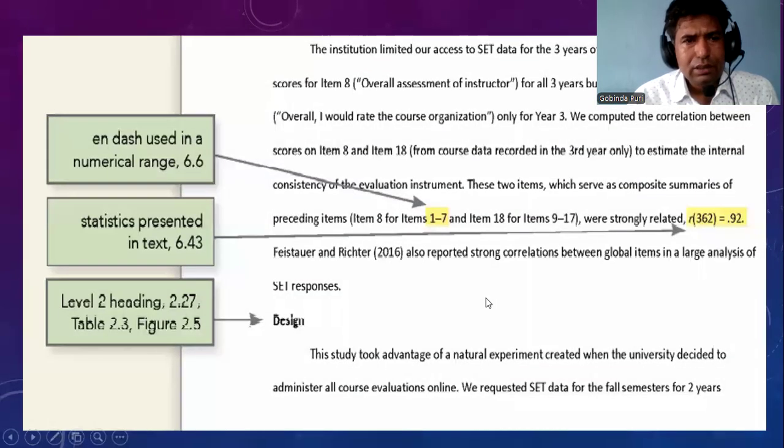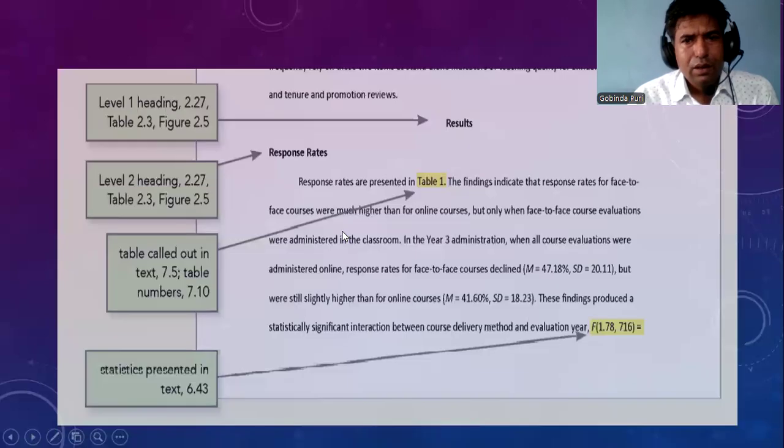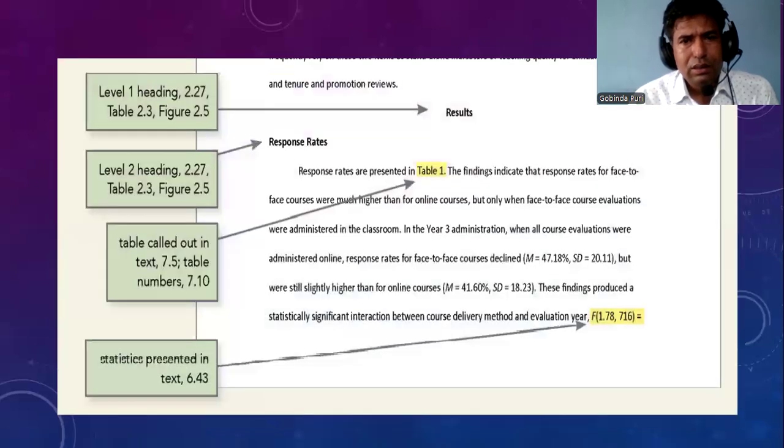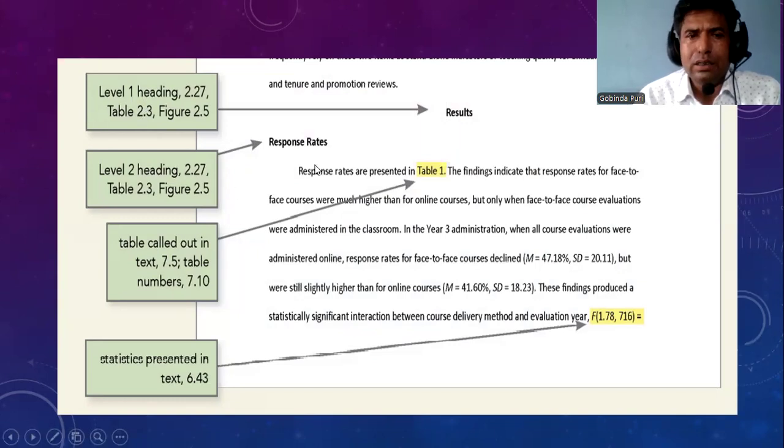Another example you can see is a dash used in a numerical range. If you want to give numbers 1 to 7, this is given in APA 7th. Likewise, you can see in the results section, results is given there in level 1 heading, then level 2 heading, and then the table number is given like this.